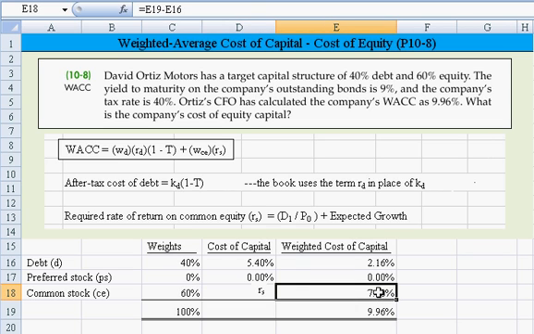So if we take that divided by this, we can come up with the answer, and I'll eliminate that label, bring that color to light, and we get 13%, and that's the answer. So E18 divided by C18. All right, now I'll bold that one because that was the answer we're looking for.